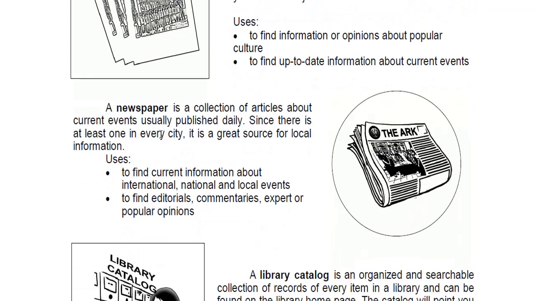Newspaper, of course, is a collection of articles about current events, usually published daily, just like the magazine, and it contains news of what is happening in our country. It contains sometimes international news, national news, or local events.